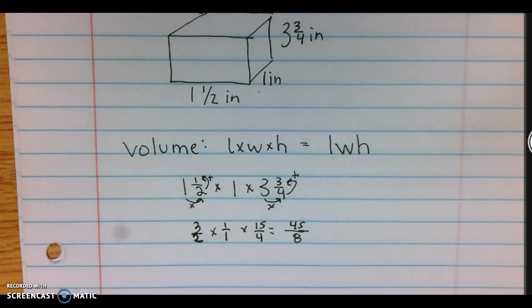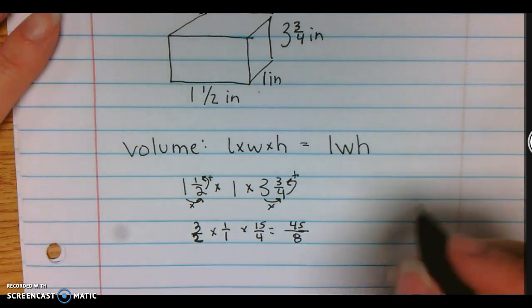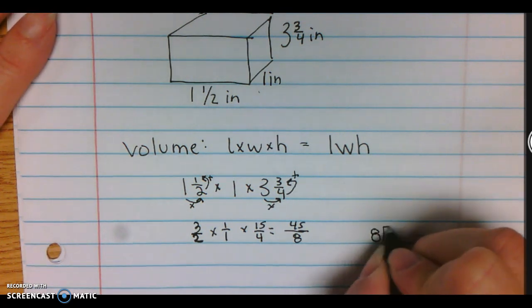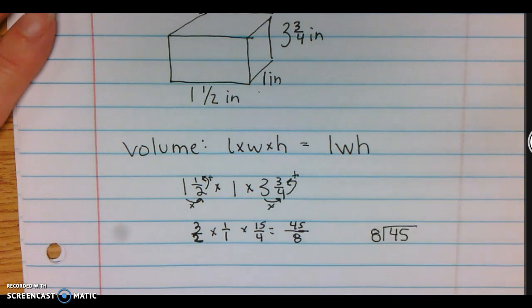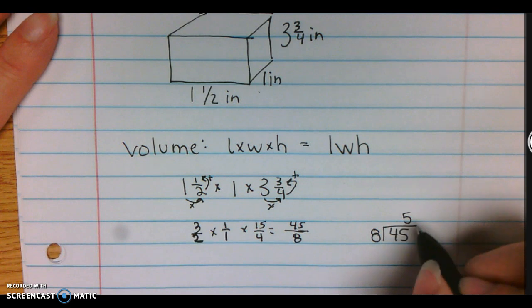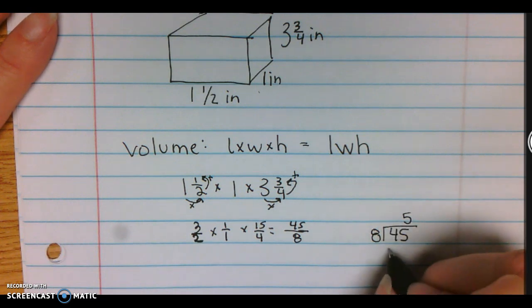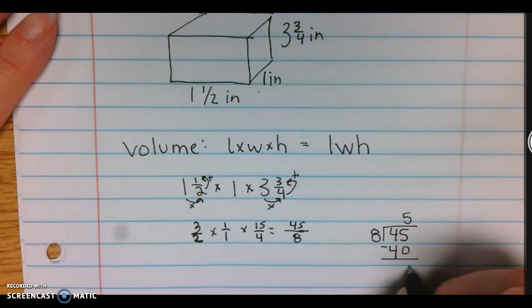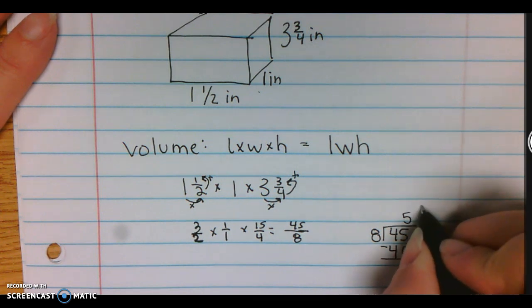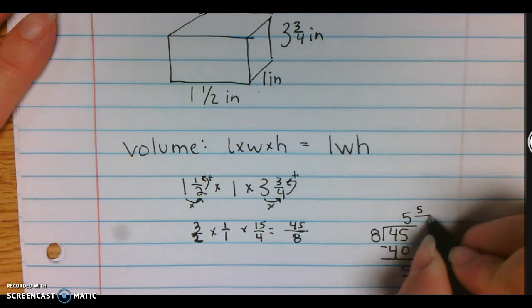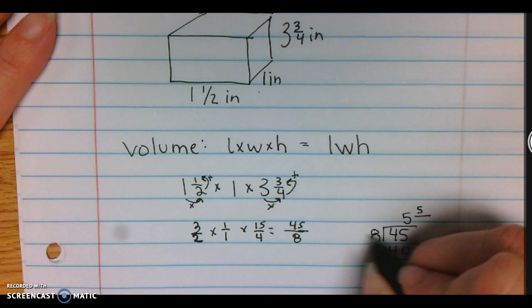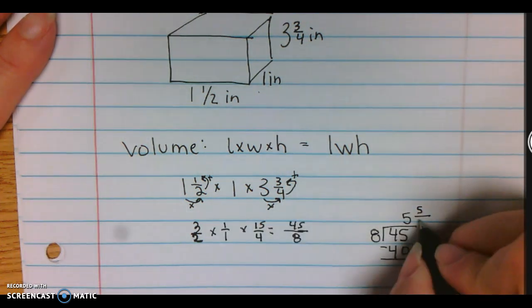So famous fractions fall to divide. So we're going to take the 8 and the 45. 45 divided into 8 pieces. I can make 5 groups of 8 out of 45. That gives me 5 left over, which becomes my numerator. The denominator, he'll be back.